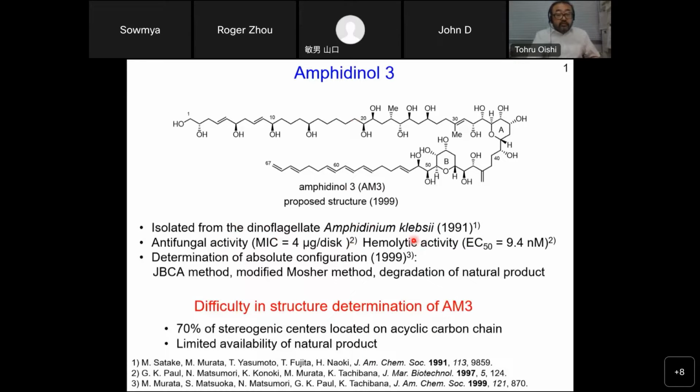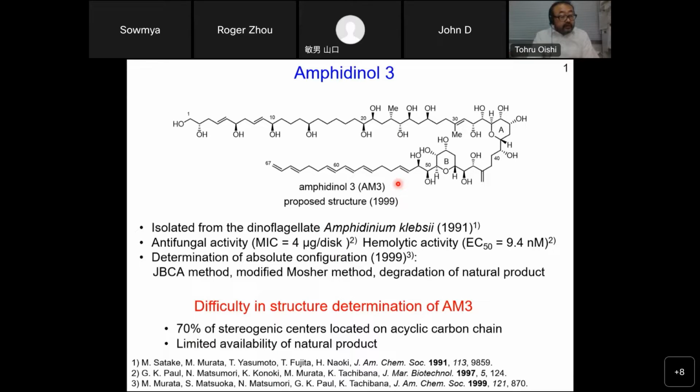Although the planar structure of AM3 was reported in 1991, it was a daunting task to determine the absolute configuration because of the limited availability from the natural product, and also because a number of stereogenic centers, around 70%, are located on the acyclic flexible carbon chain.